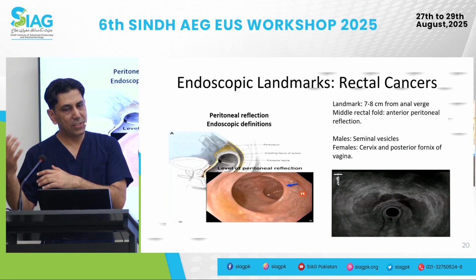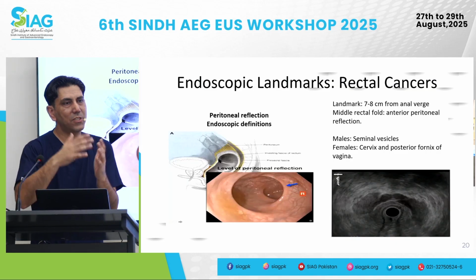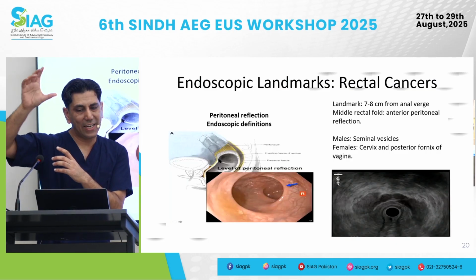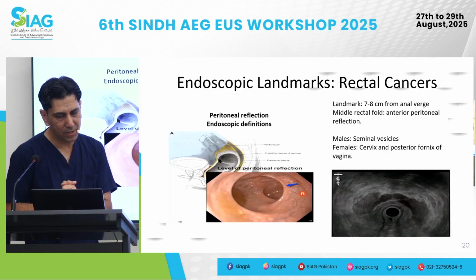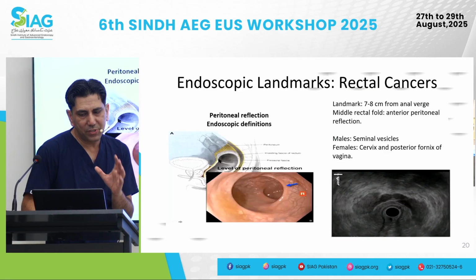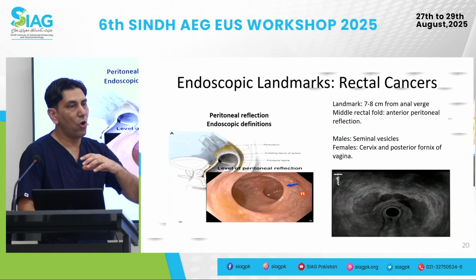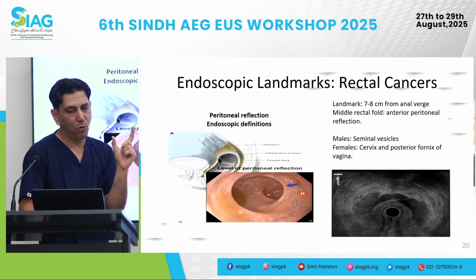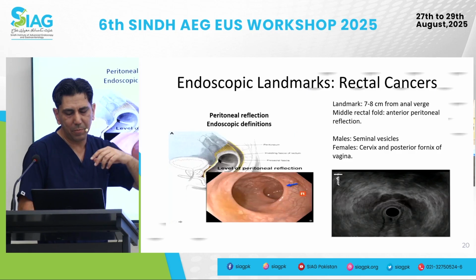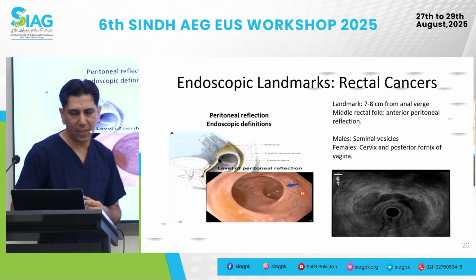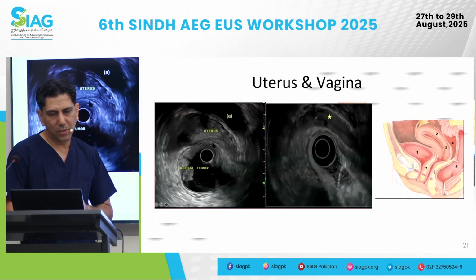Rectum is retroperitoneal, but that's where the peritoneum comes in and starts to cover it, which is the junction of the rectum and the sigmoid. This is about 7 to 8 centimeter from anal verge, or maybe longer, up to 15 centimeter, and it's the middle rectal fold, between the upper and the lower rectal fold, because above that is the sigmoid we start to see.